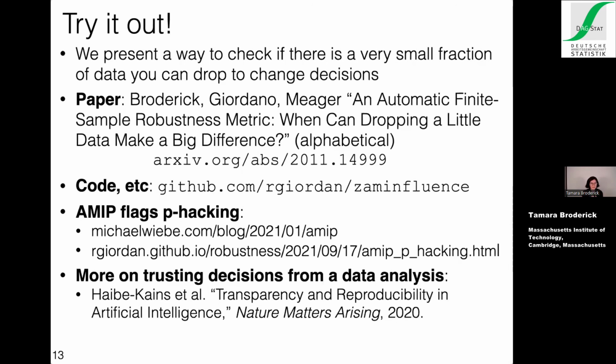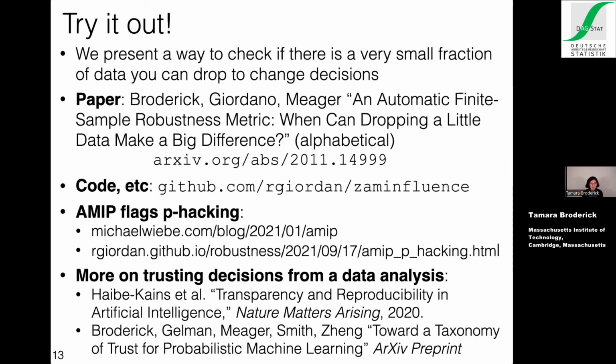So we have this paper, Transparency and Reproducibility in Artificial Intelligence, looking at cases of AI in the medical field, where sometimes we don't even have enough information written to fully reproduce the code, much less code and data already available.